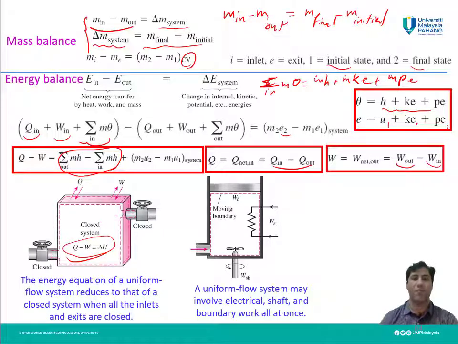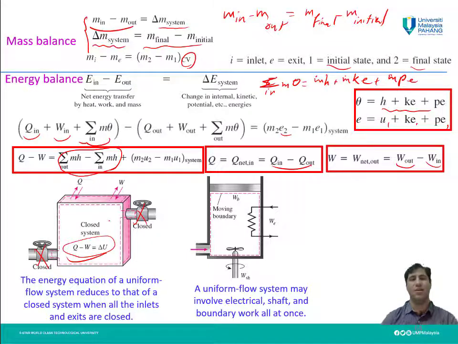And for an open system or control volume, if we close all of the flow, if we restrict the flow and we have Q and W interaction between the system and surrounding, then this equation will be converted to this equation which we had earlier, which is Q minus W equal to M2U2 minus M1U1.